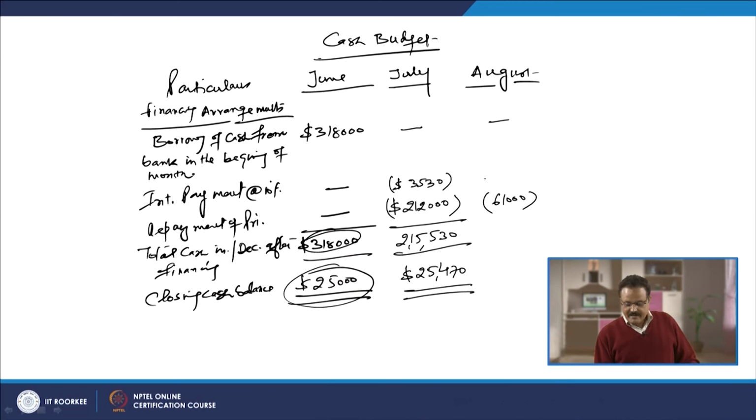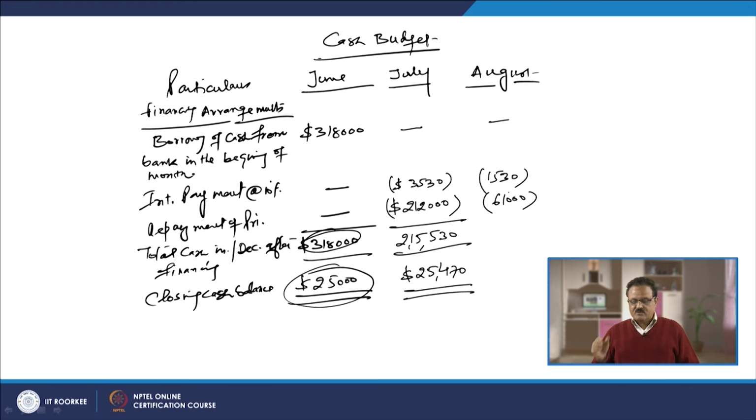Now if we are returning 61,000 as principal, then on this 61,000, how much interest will work out at the rate of 10% for a period of 3 months? Rounded off figure is $1,530. So we are returning this as the interest, and this amount as the principal.